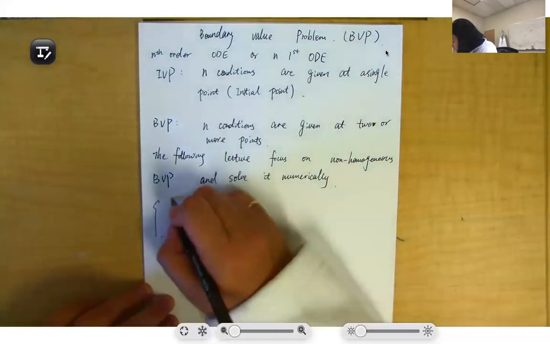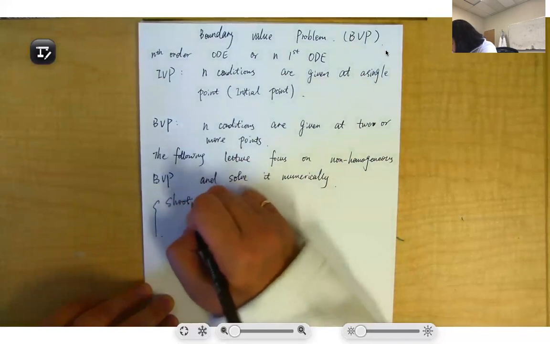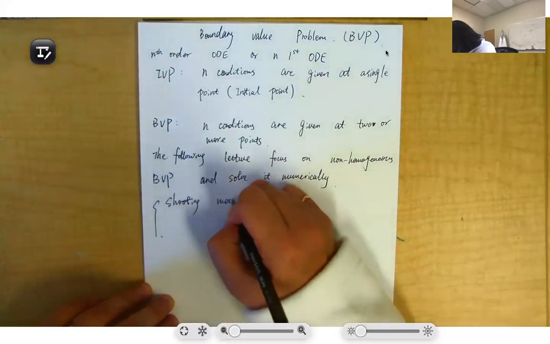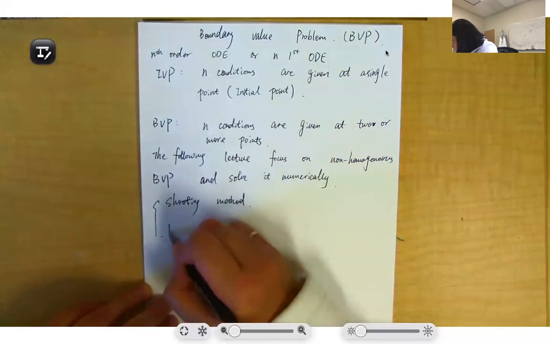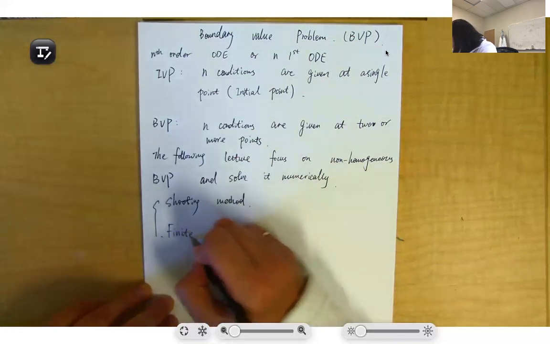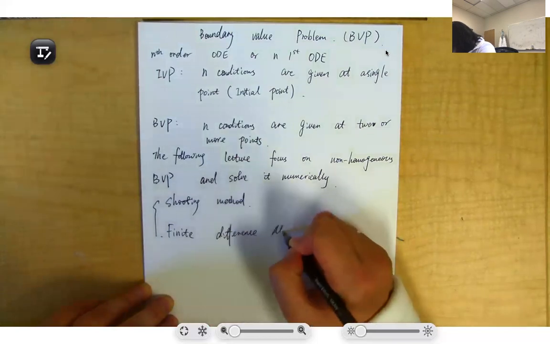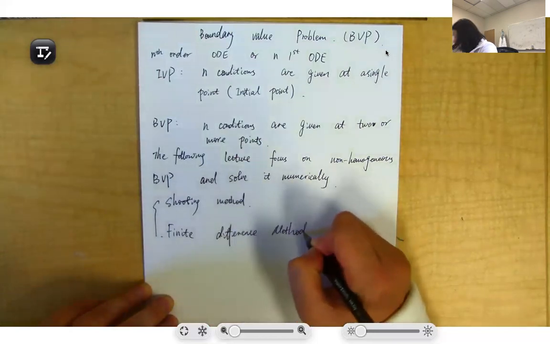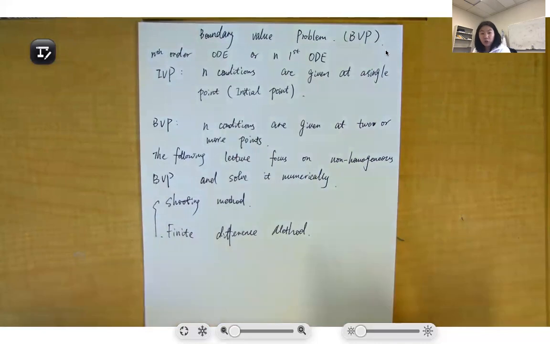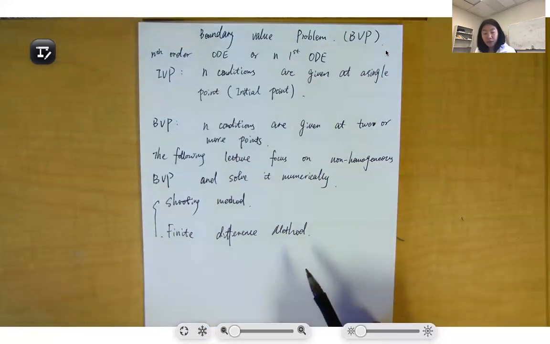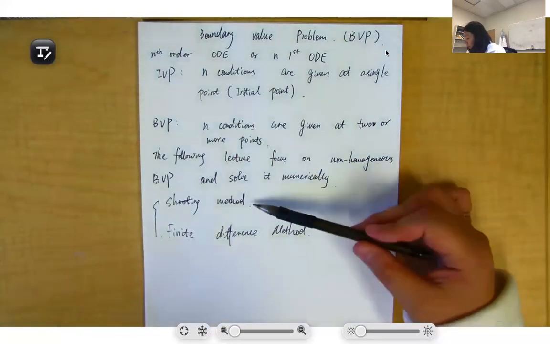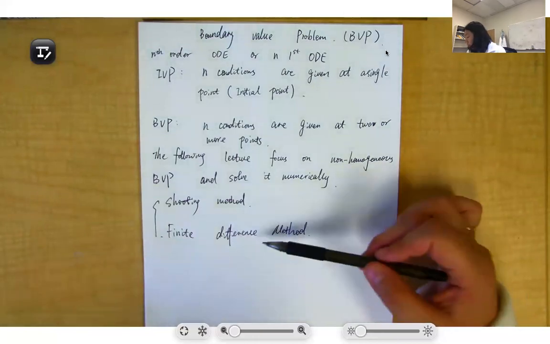One method is called the shooting method. The other is called the finite difference method. And for each method, we will give a detailed explanation. What is the shooting method? What is the finite difference method?